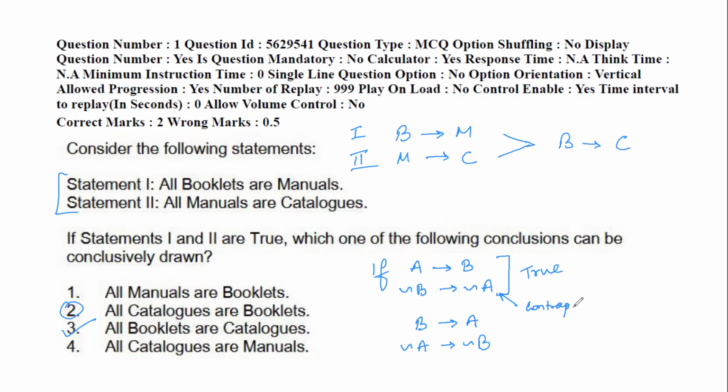But you don't need to know all these words. There's inverse and converse. So if A implies B is the statement, then its contrapositive is not B implies not A. And B implies A is the converse, the part where we say that it's true conversely also.